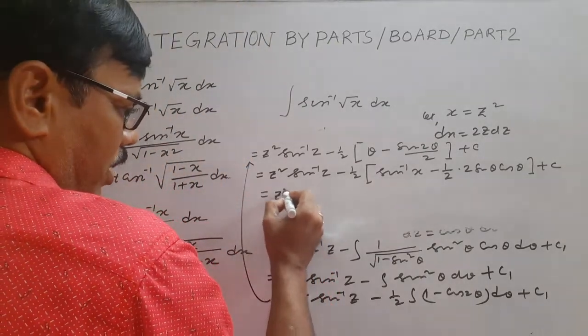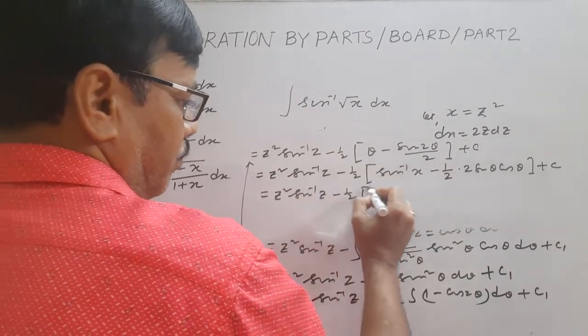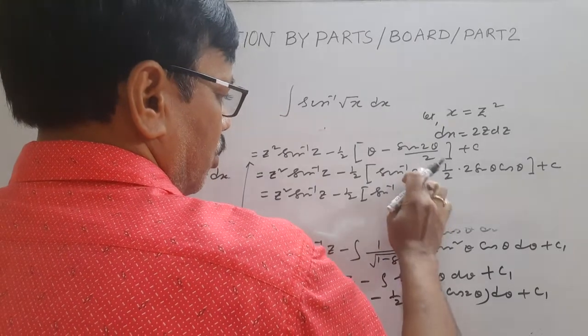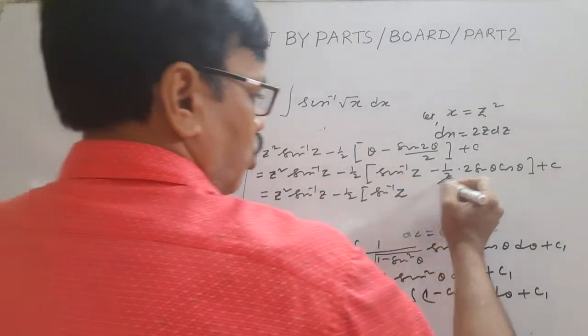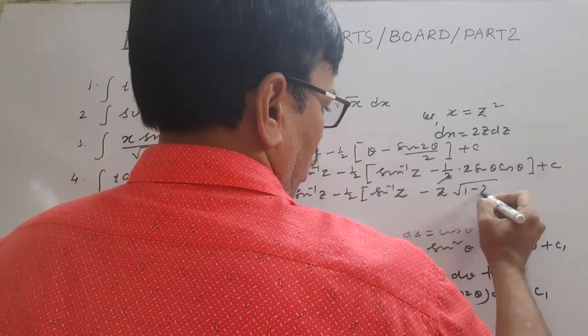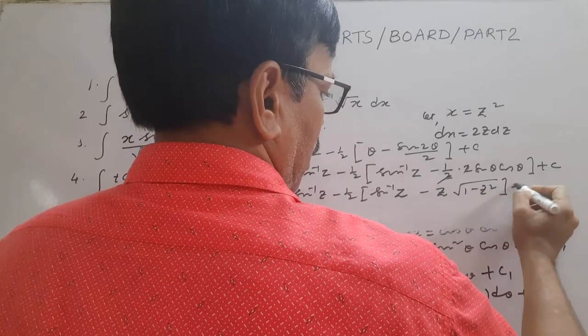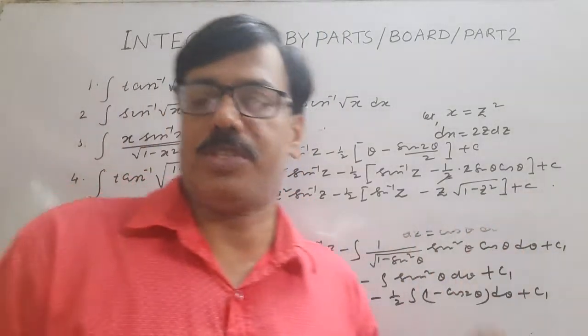So z square sin inverse z minus half sin inverse z, this is not x, this is z, sorry, sin inverse z, the 2 cancels. So this is z sin theta, and this is root of 1 minus z square, plus c. So this is in terms of z.